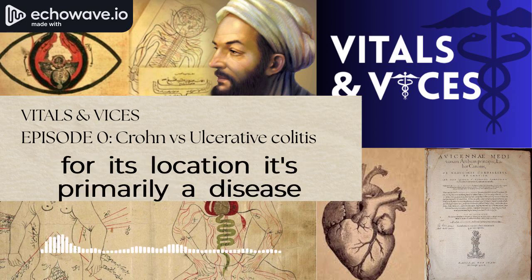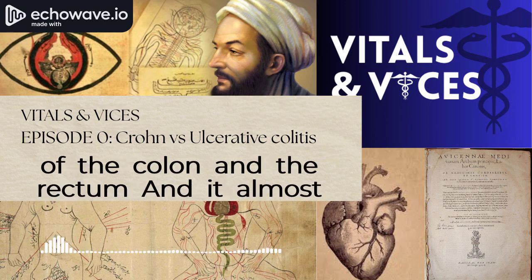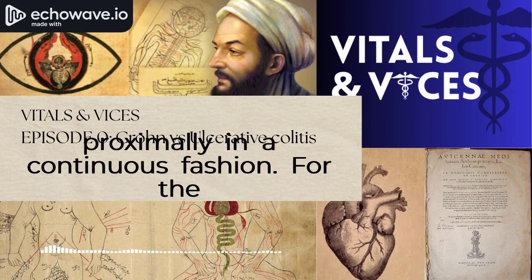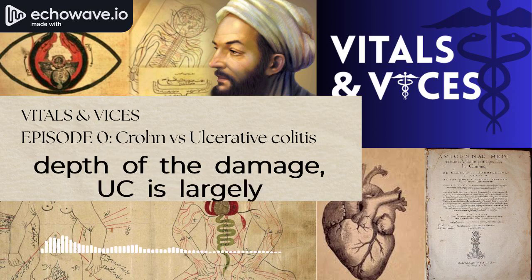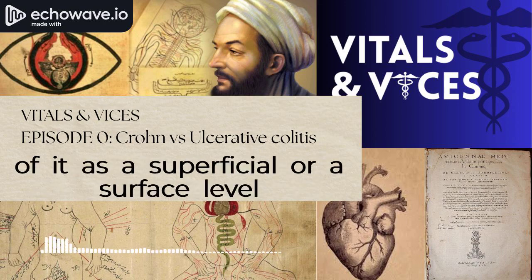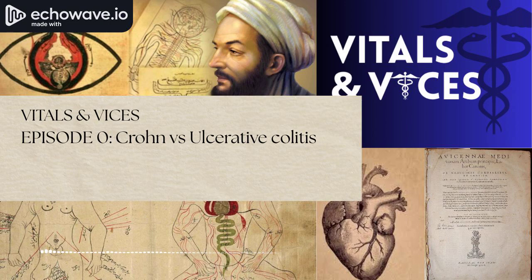For its location, it's primarily a disease of the colon and the rectum, and it almost always starts in the rectum and extends proximally in a continuous fashion. For the depth of the damage, UC is largely confined to the mucosa and submucosa. Think of it as a superficial or surface level attack.